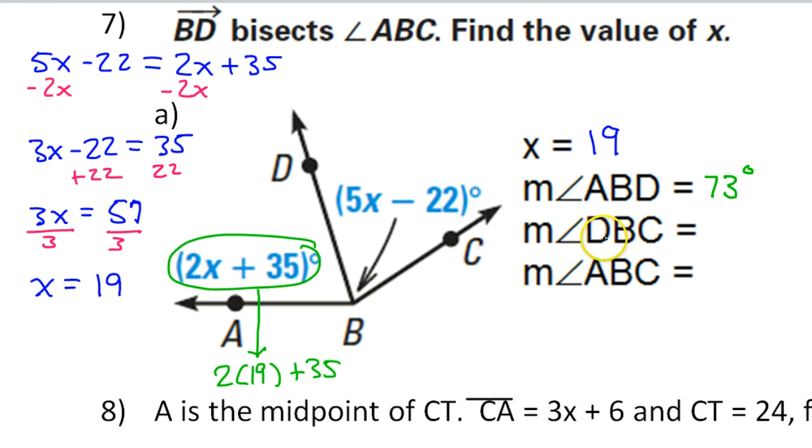Okay, how about angle DBC? D to the B to the C. That's going to be this angle right here. So now that we know that x is 19, this is going to become 5 times 19 minus 22.